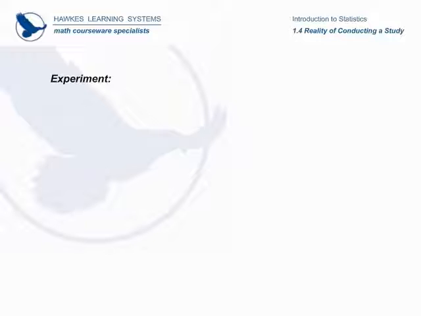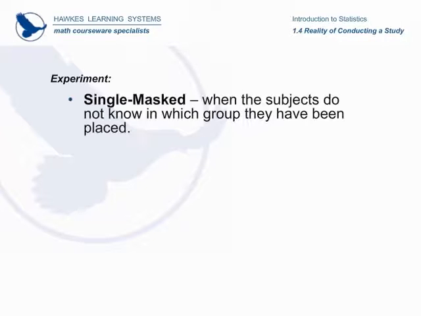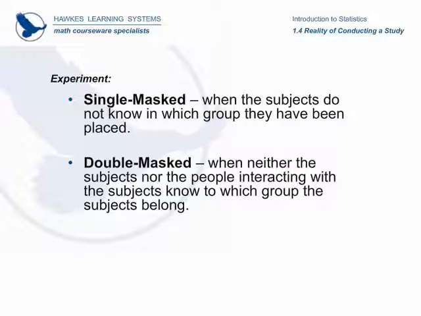Let's continue on looking at experiments. There can be a single masked experiment, and that's when the subjects do not know in which group they have been placed. They don't know if they're in the experimental group or they might possibly be in the control group.